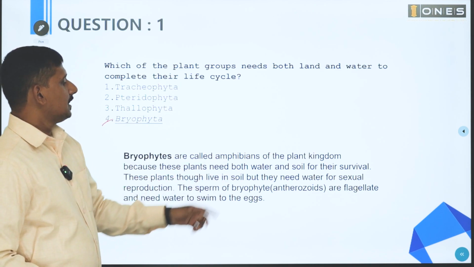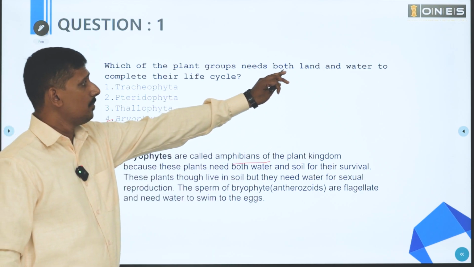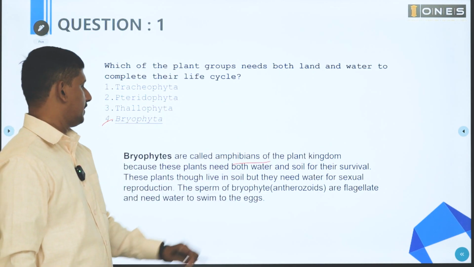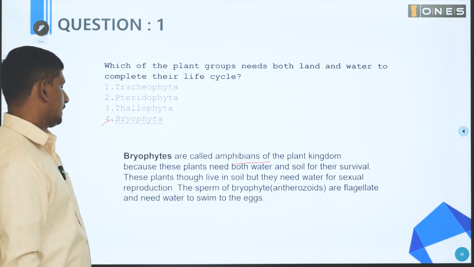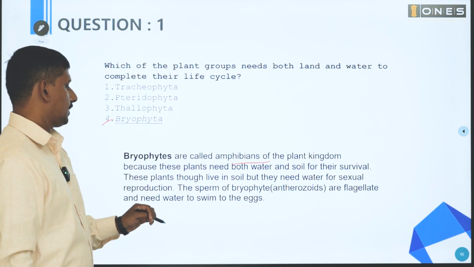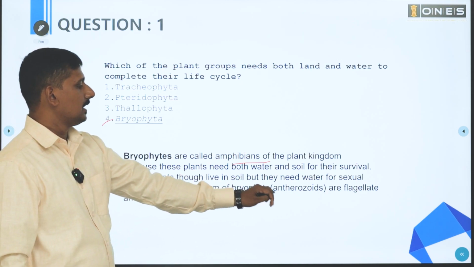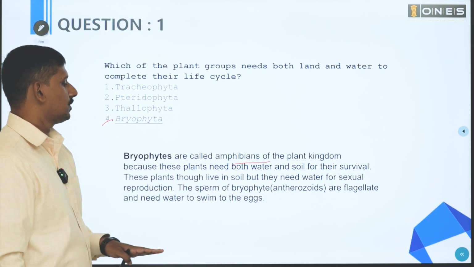Bryophytes are called the amphibians of the plant kingdom, because these plants need both water and soil for their survival. These plants live in soil, but they need water for sexual reproduction. The sperm of Bryophytes, called antherozoids, are flagellate and need water to swim to the eggs.